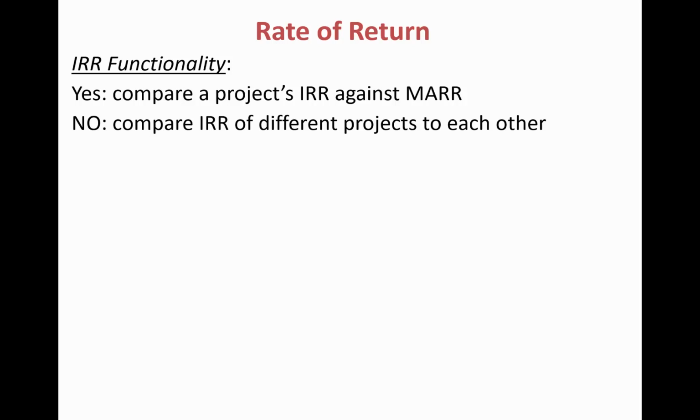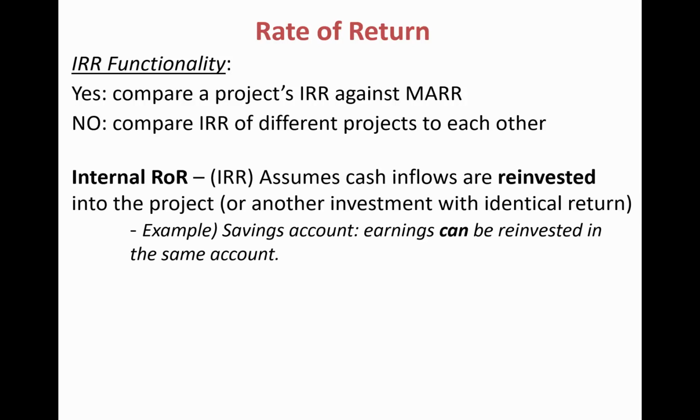You can use it to give a project a potential thumbs up or a thumbs down, but you can't use internal rate of return to pick the best project among alternatives, for a reason that I'll show you in a later class meeting. But more importantly for today's discussion is that the internal rate of return assumes that cash flows are reinvested into the project.